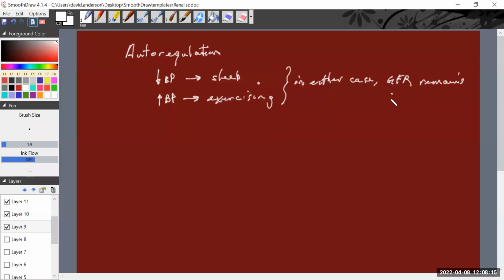So we'll say the GFR remains steady, right? Because it's going to be a bit variable, but we understand it's going to stay fairly closely regulated in order to maintain these functions. So we've got two mechanisms that are considered autoregulatory.